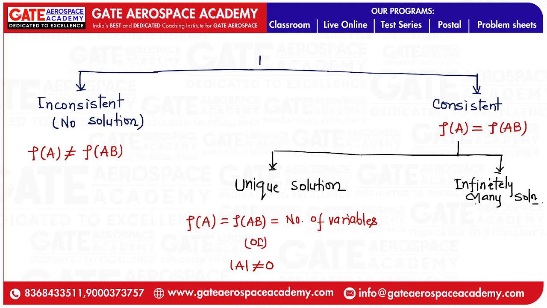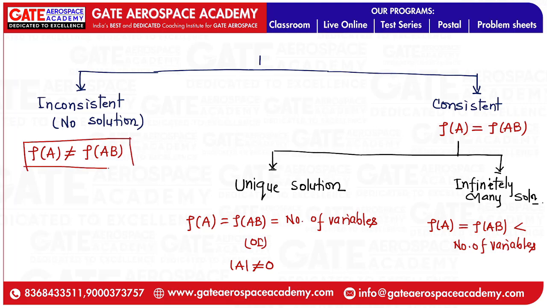Infinitely many solutions means rank of A equals rank of augmented matrix [A|B], but this is less than the number of variables, isn't it? So now if we are simplifying this non-homogeneous also, you just need to remember this one as the first case for inconsistent, where we are not going to get a solution.